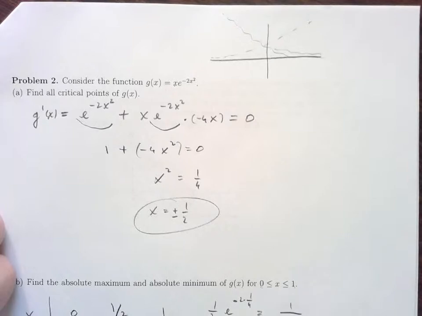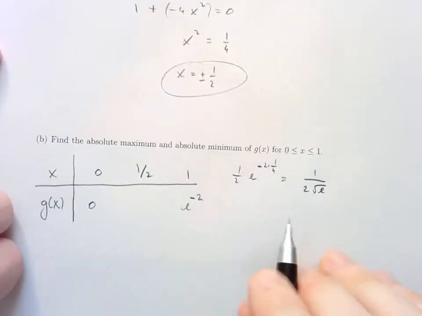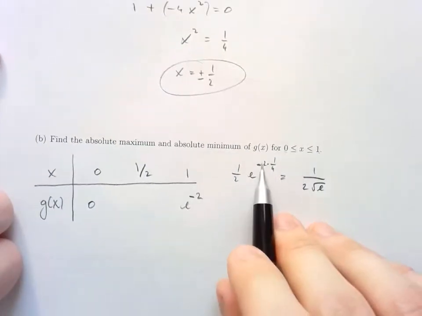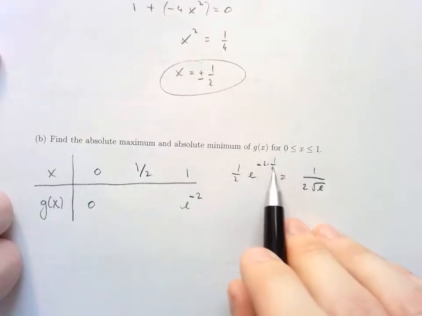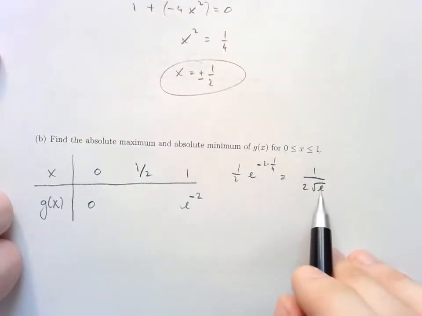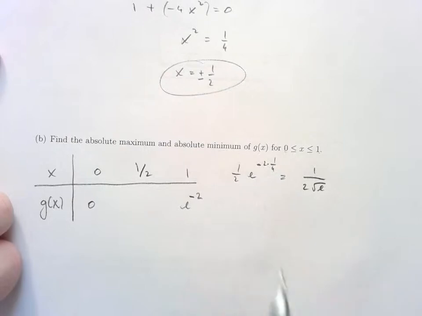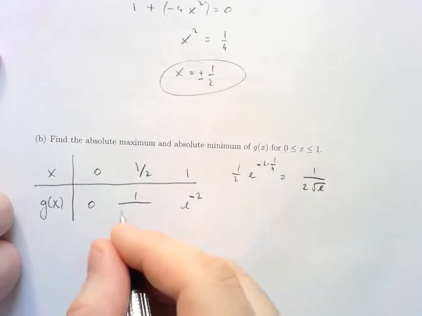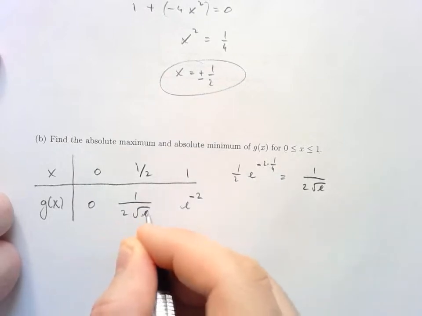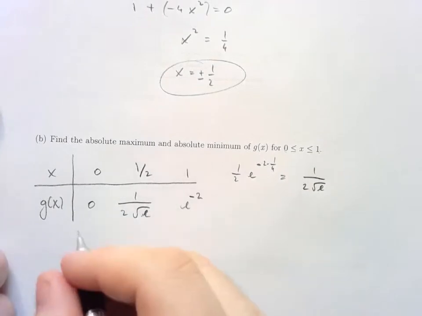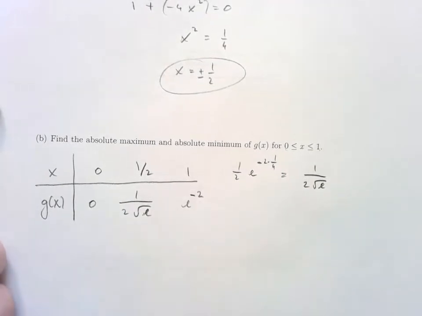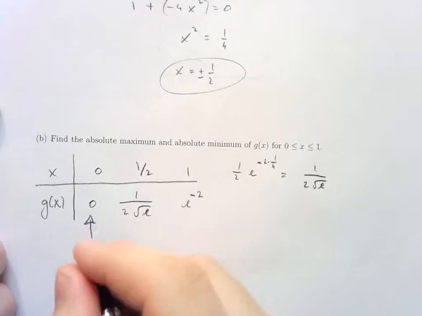So this is 1/2 square root of e, I believe. That looks right because this exponent is 1/2, but it's negative, so we have a square root e in the bottom, and then I get a 1/2 in front. So this is 1/2 square root of e. Now, obviously, since the exponential is never 0, this is going to be my min. Automatically, the 0 is going to be my min.